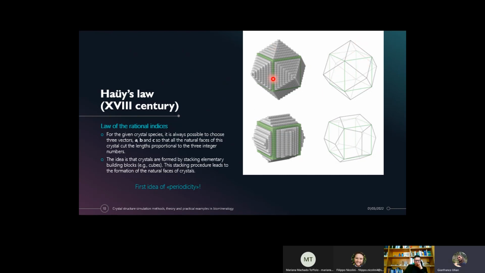If you come to the Mineralogy Museum Bombicci at the University of Bologna, you can see a real, touchable model of the Haüy model, where these small cubes stacked in different ways describe different crystal shapes. And this is the first idea of periodicity. You have a small unit block that is repeated along the three Cartesian directions, the three-dimensional directions.